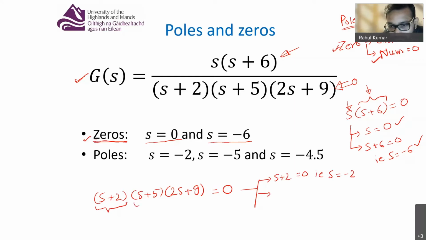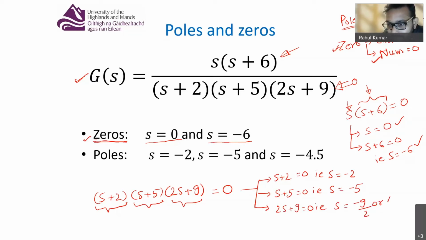Then from the second term over here we will get s plus 5 equal to 0, that is s equals minus 5. And from the third term in the denominator, or the bottom line, we'll get 2s plus 9 equal to 0, that is s will be minus 9 divided by 2, or we can say it will be minus 4.5.